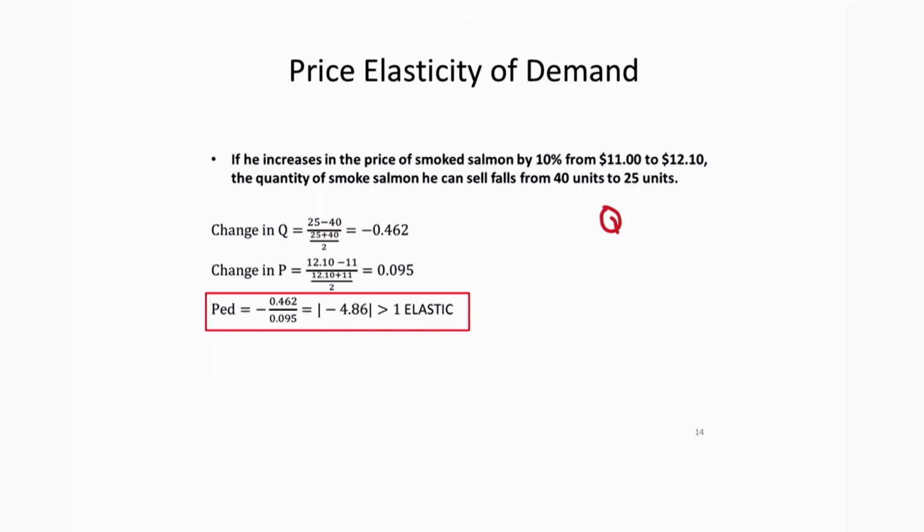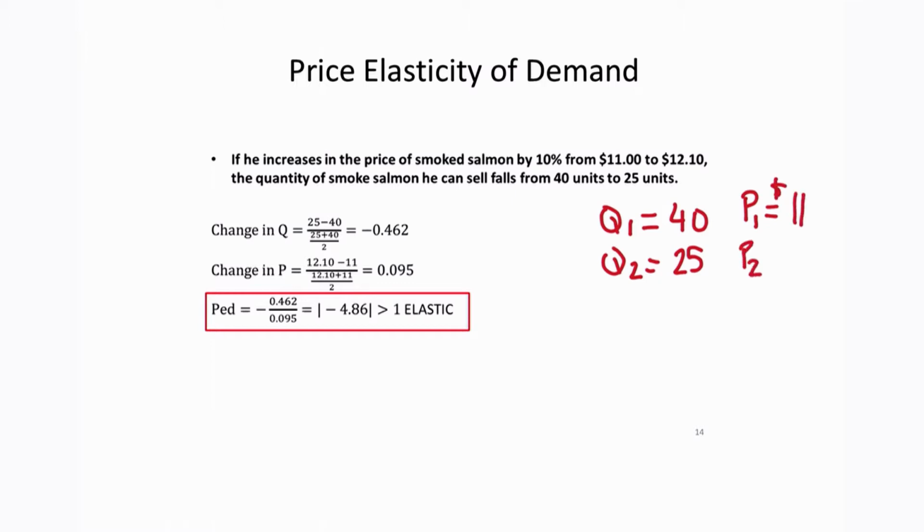To start off with, let's identify each of our variables. Quantity 1 is going to be 40 units. Quantity 2 is going to be 25 units. Price 1 is going to be $11.